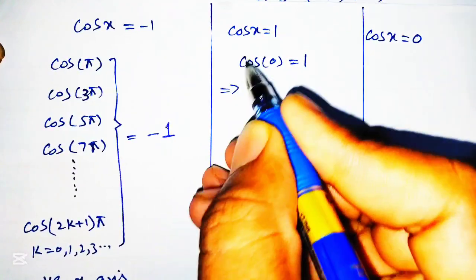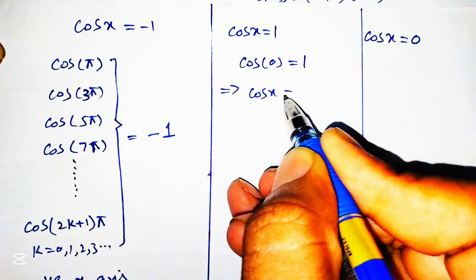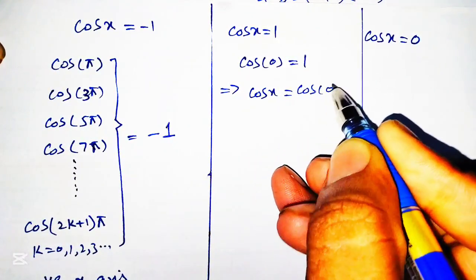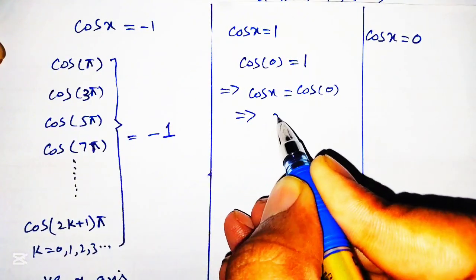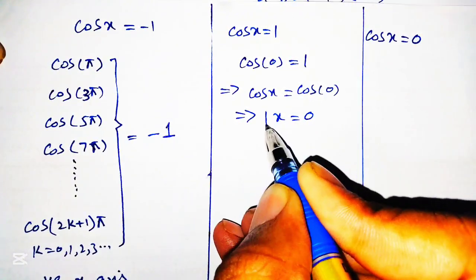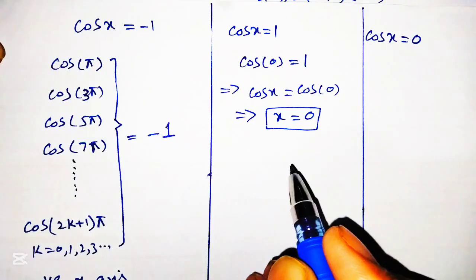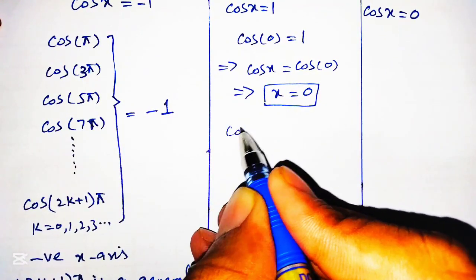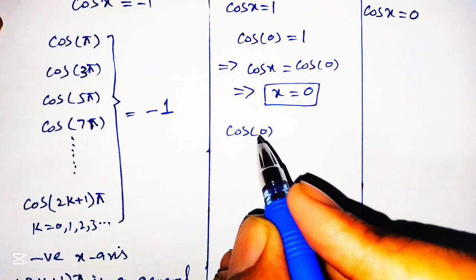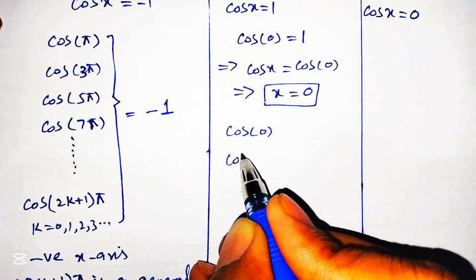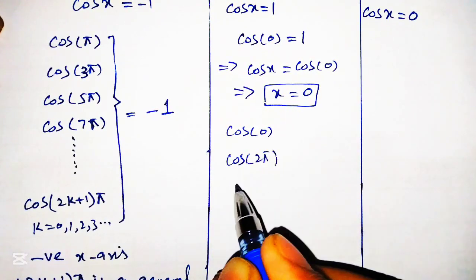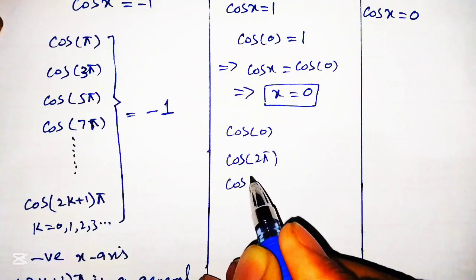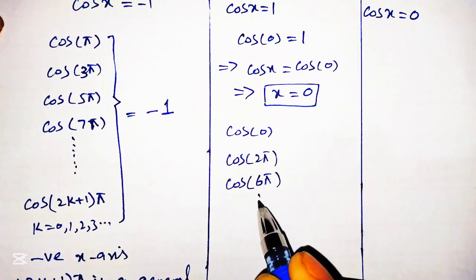So from this we can write cosine of x is equal to cosine of 0, and this implies that x is equal to 0. Or to generalize this value of x, we can write cosine of 0 which is equal to 1. Similarly, cosine of 2 pi is also equal to 1. Cosine of 6 pi is also equal to 1.